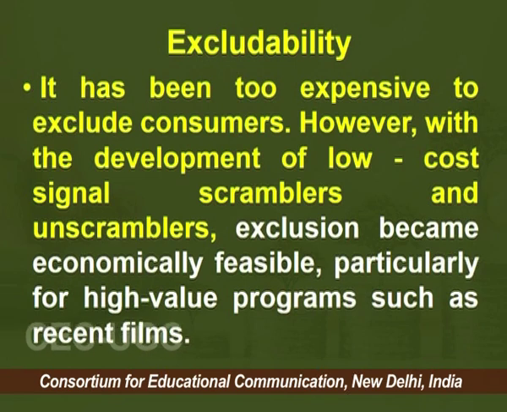Another very commonly used example is television, particularly programs that are distributed via satellite and cable. It has been too expensive to exclude consumers from access to such telecasts or television programs. However, with the development of low cost signal scramblers and unscramblers, exclusion became economically feasible over time, particularly for high value programs such as recent films.